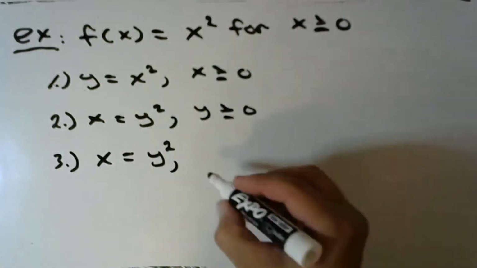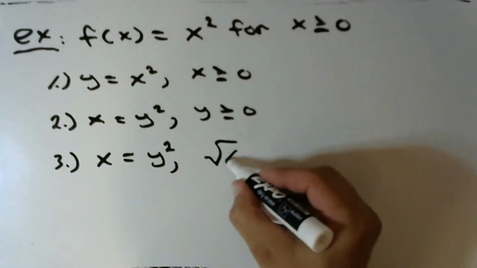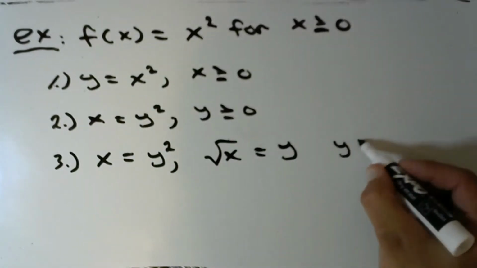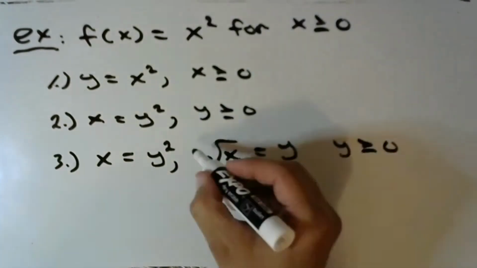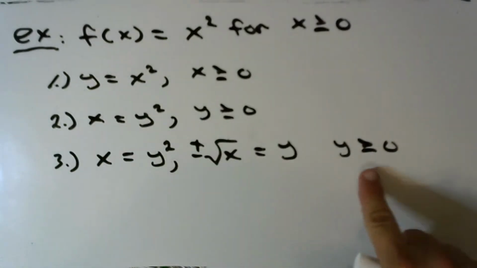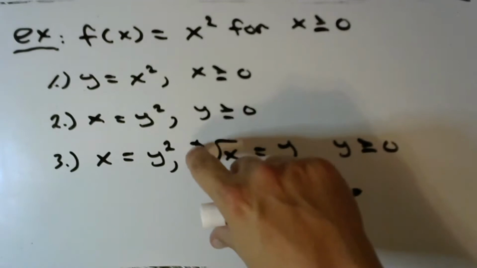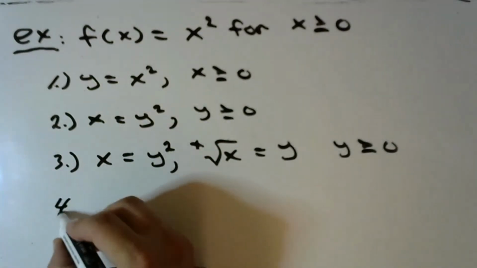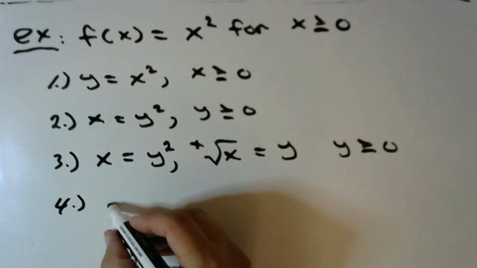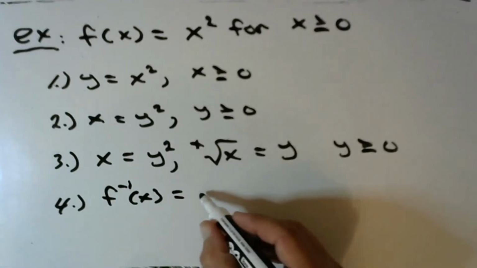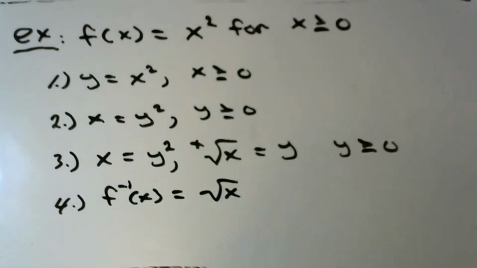Square root both sides. We'll get square root x equals y. Now remember, y is greater than or equal to 0. So that means this plus or minus, we usually put plus or minus here. Y is bigger than or equal to 0, the minus goes away. We just have the plus root. And so we get f inverse of x equals the positive square root of x.